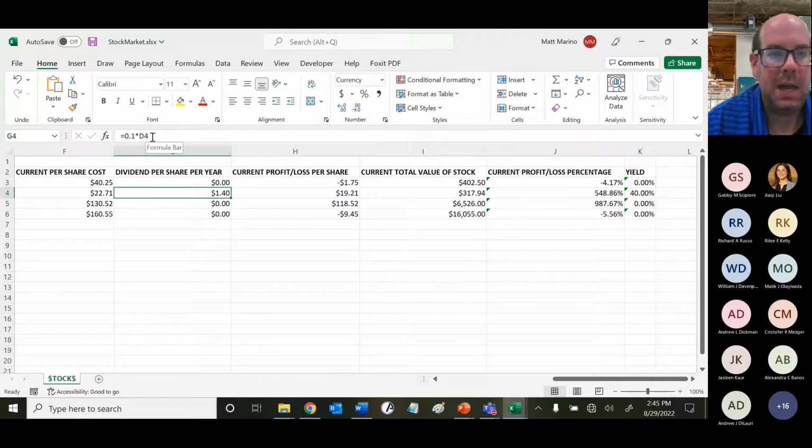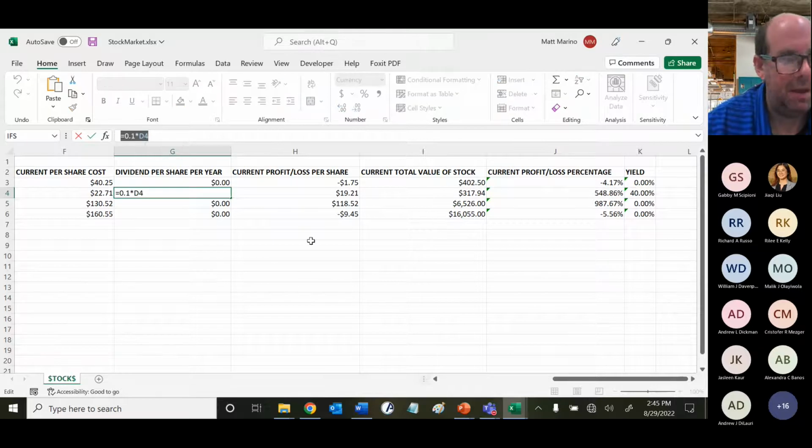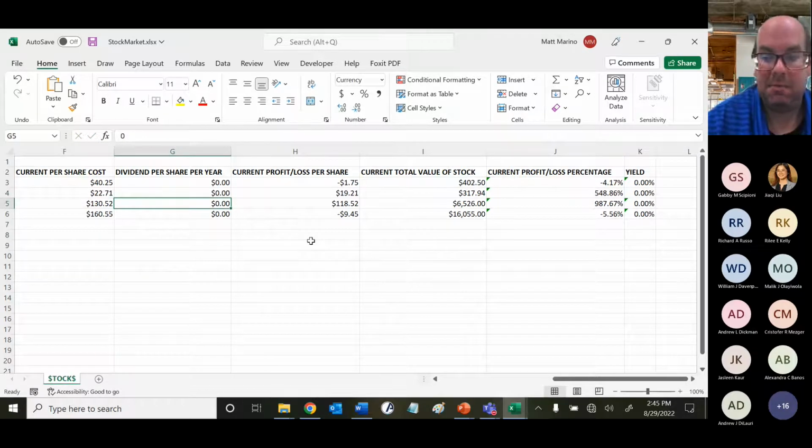So say you pick, I think a lot of people have picked in the past Disney, and they've had a dividend. So you would calculate it the same way. The price times your number of stocks. Now, if they give out 4 dividends a year, then you'd also multiply that by 4.